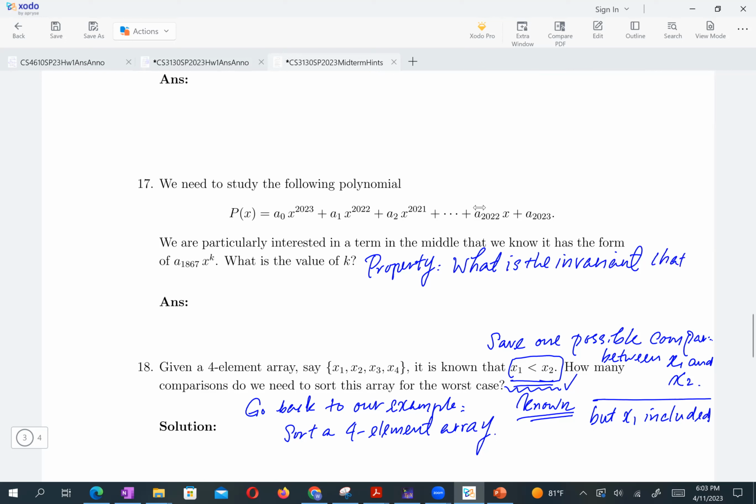That means some quantity that never changes for different terms.